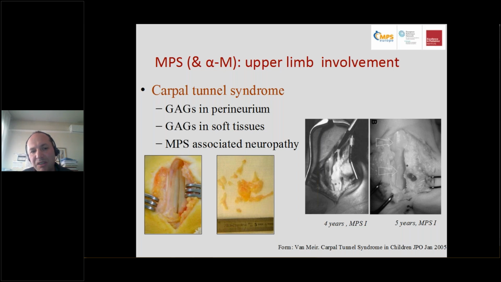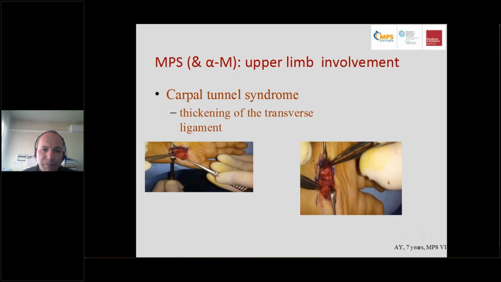You have to remember that there is also an MPS-associated neuropathy. So the compression in the carpal tunnel is one of the problems, but there is also an MPS-associated neuropathy. The transverse ligament is really thickened, and you can see it in this slide. I'm sorry for the deformation.